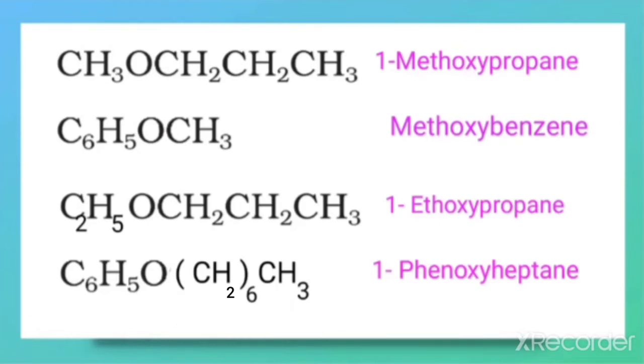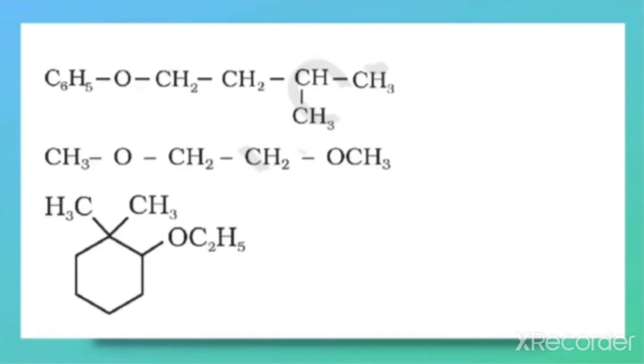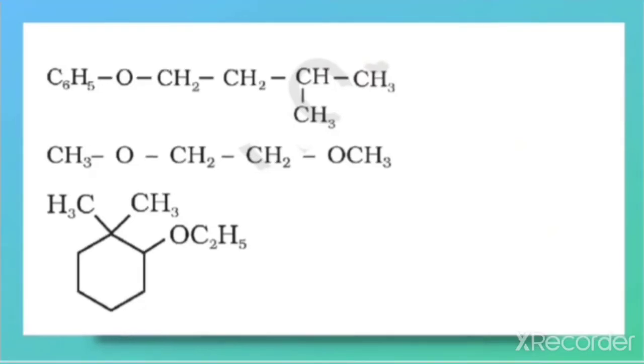So let us discuss some more typical examples of ethers. First structure, when you look at it, O is here. On this side there is a 6 carbon group and on the right hand side, look here, 1, 2, 3, 4, 5, a 5 carbon group.